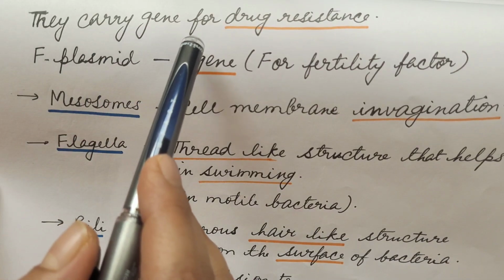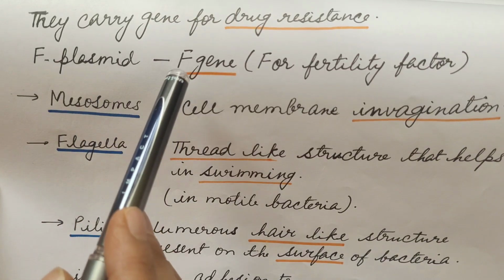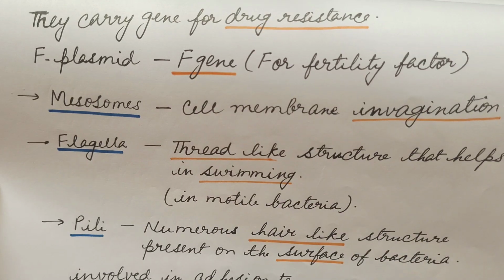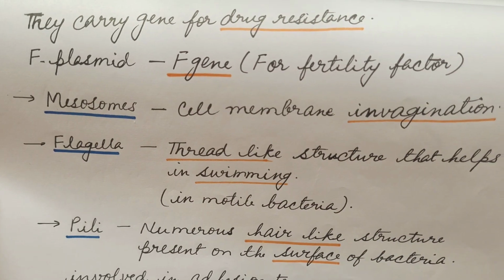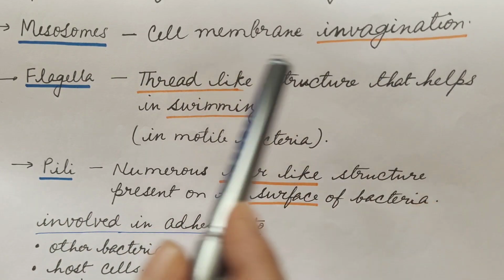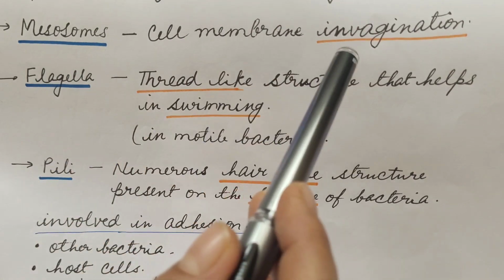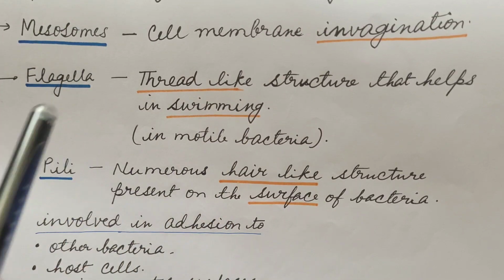Plasmids carry genes for drug resistance. In the F plasmid, the F gene is present, which is the gene for fertility factor. We will discuss plasmids in detail in a separate video. Mesosomes are present. These are cell membrane invaginations in the cytoplasm. So, when the cell membrane invaginates in the cytoplasm, it is known as mesosomes.